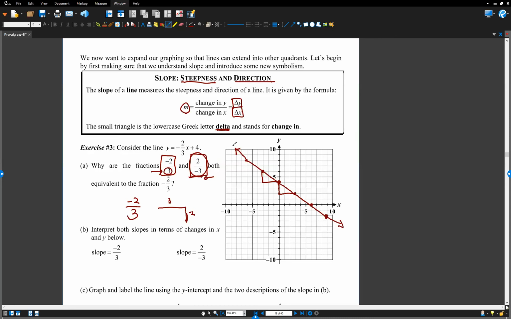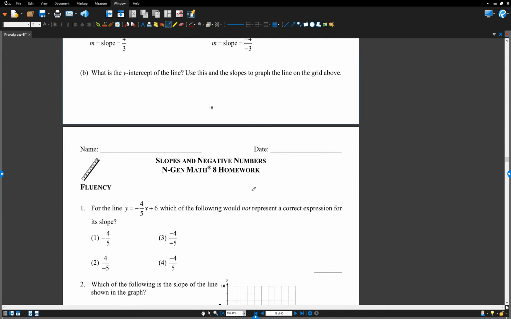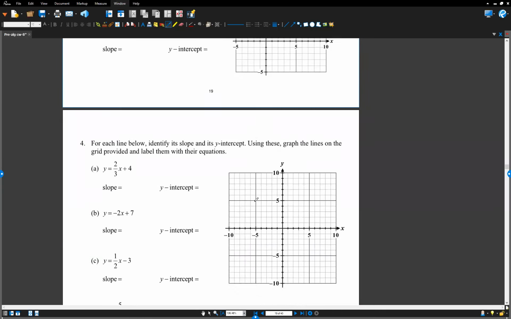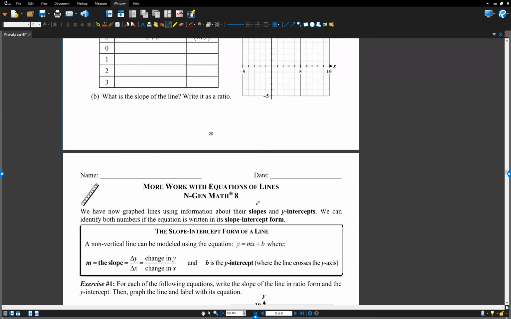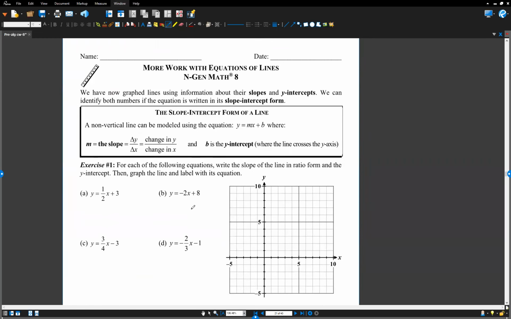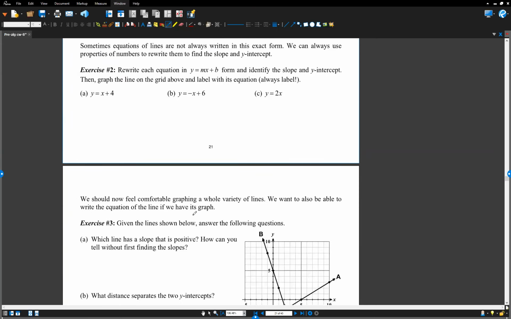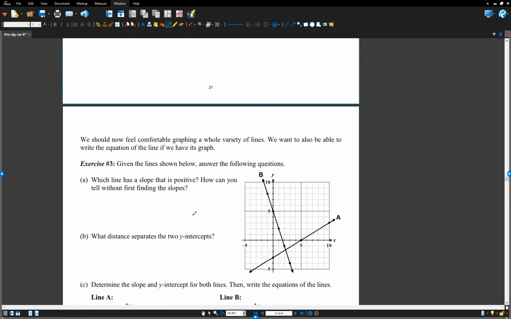This is the graph of this one, negative slope. It's okay. Now, everyone knows this one. Okay, how to graph. Now I'm going to move to the next one. It's the same thing. Exactly the same thing. Overlap. I'm going to jump.